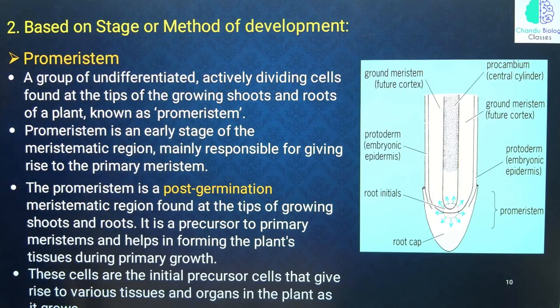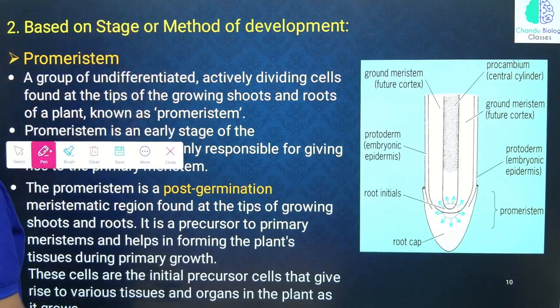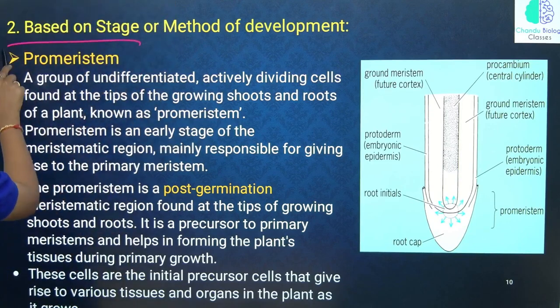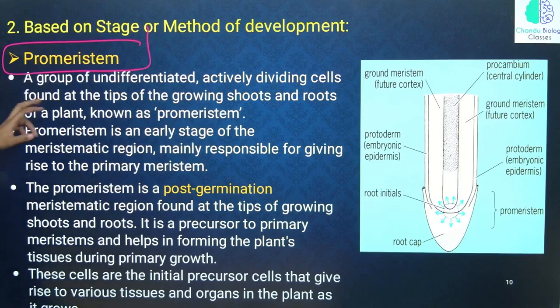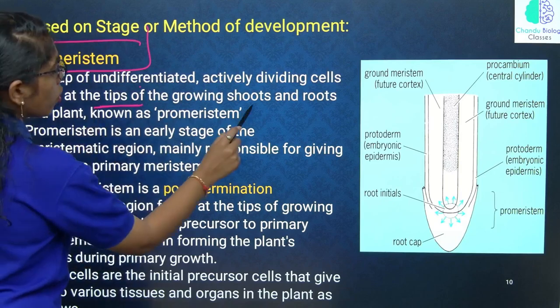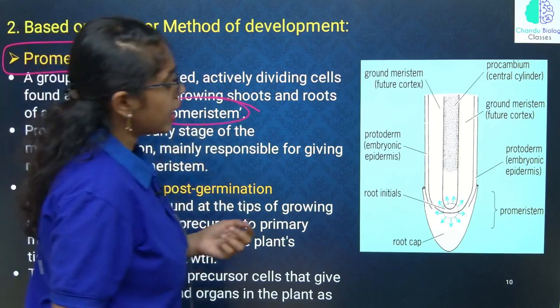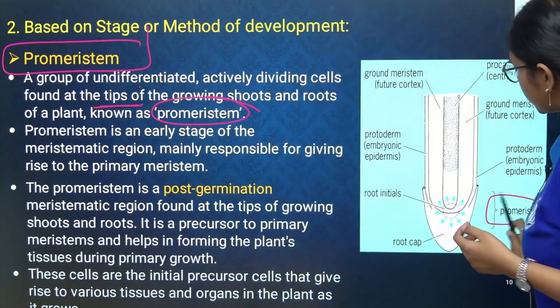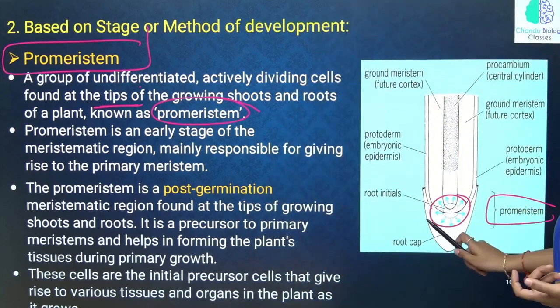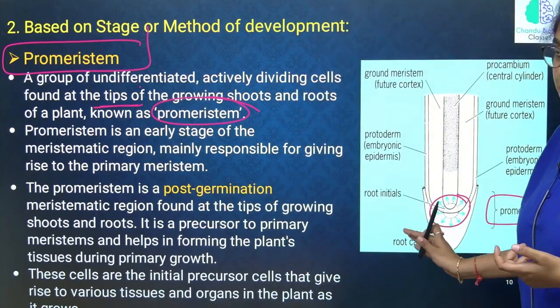Now let us look into the meristems which are classified based on the stage and methods of development. First type is promeristem. Promeristem is undifferentiated, actively dividing cells found at the tips of growing shoots and roots. See, promeristem is present over here, which includes actively dividing cells.